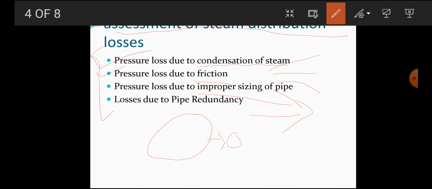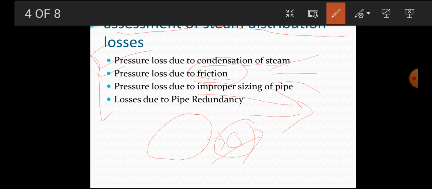As the steam passes through the distribution network, some pressure is lost due to friction resistance within the pipe wall as well as due to condensate within the pipe work. If this condensate has occurred, it can also create friction to the steam. So proper allowance should be made for this pressure loss.